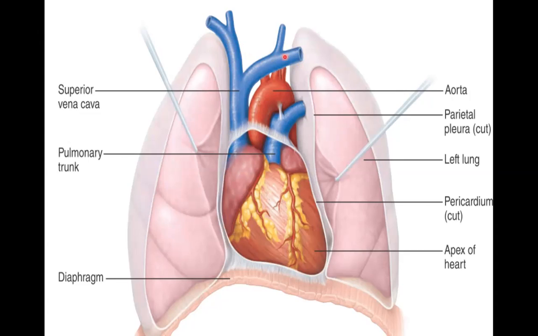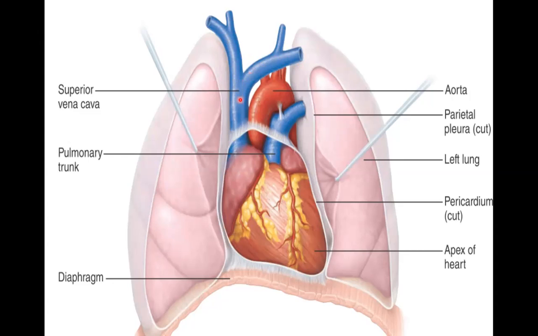The left, as you see, is obliquely set and longer than the right brachiocephalic vein. Then both of them unite just behind the right first costal cartilage, forming the superior vena cava.